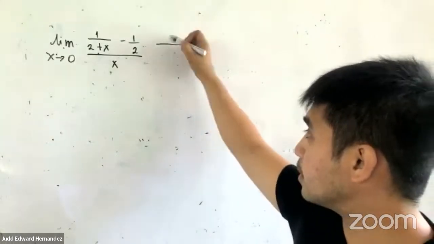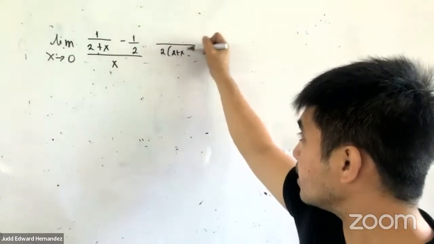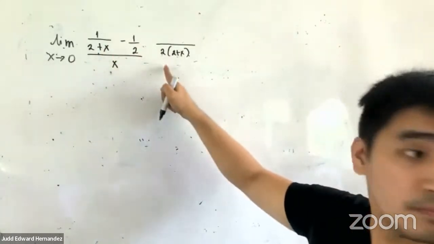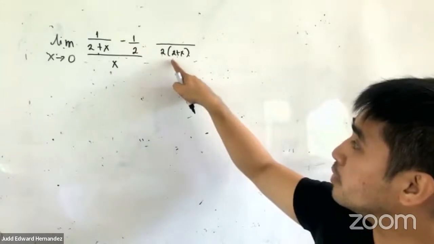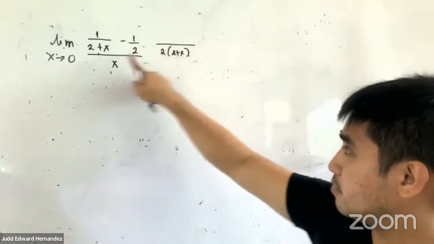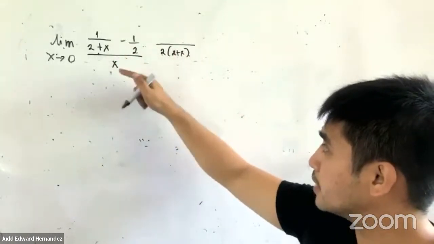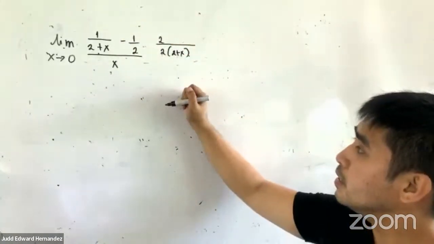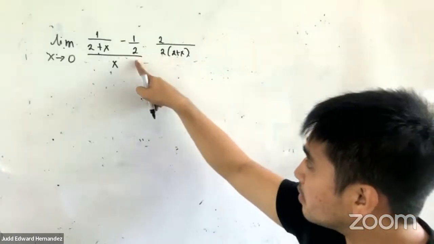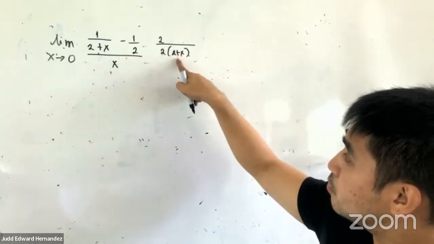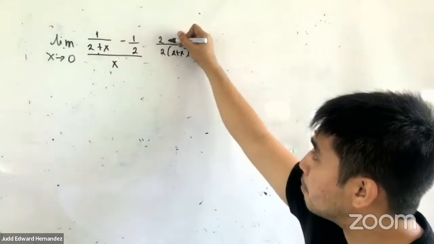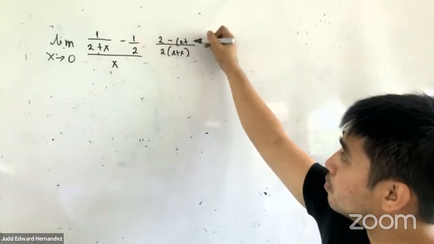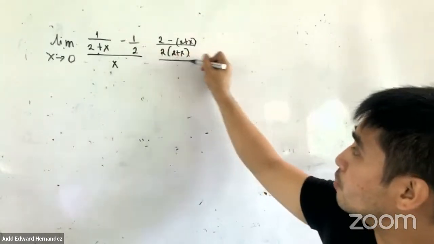Okay, therefore this becomes 2 times 2 plus x, wherein we'll be having 2 times the LCD divided by this one, cancel out 2 plus x, matitira si 2. 2 times 1 is 2. Okay. Next one, the LCD divided by 2, matitira is 2 plus x. Therefore, minus, multiply natin sa 1, that is 2 plus x all over x.